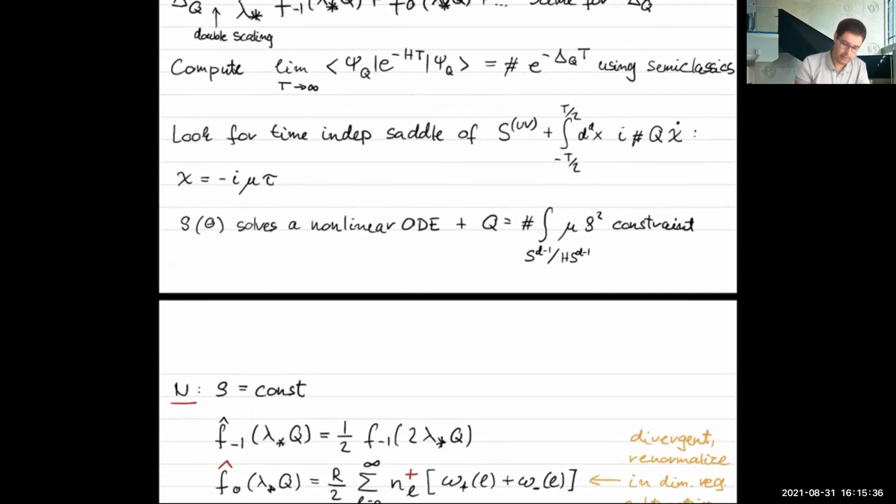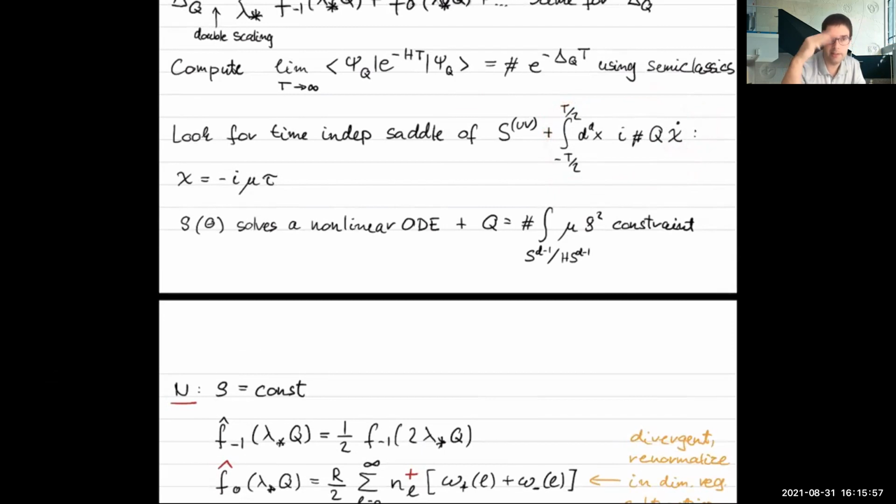The way to do that is to add a term like this to the UV action. This will enforce that we are in the charge Q sector. This is a total derivative term, so we have chi dot.